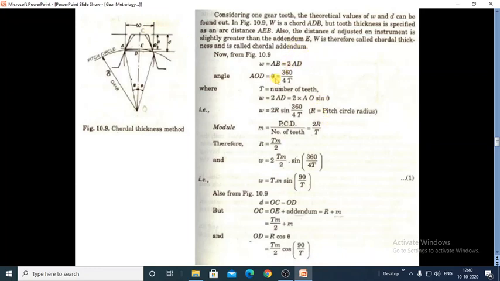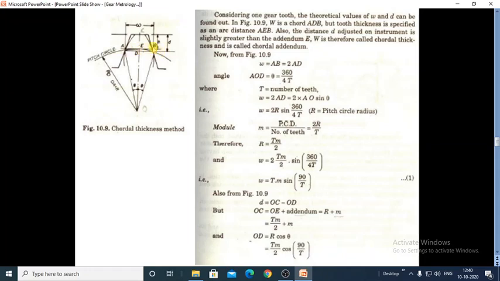AOD, you can see O is here, so theta is equal to 360 by 4T, where T is the number of teeth. And here we have seen W is equal to 2 into AD.